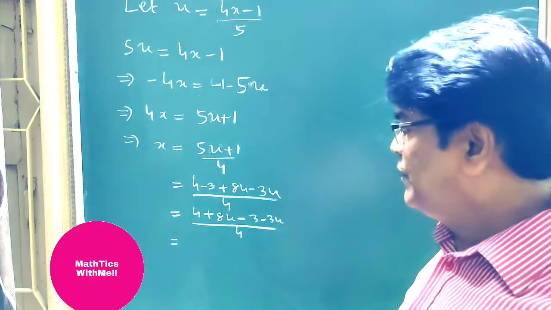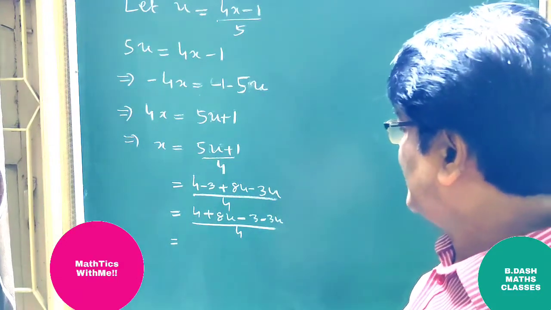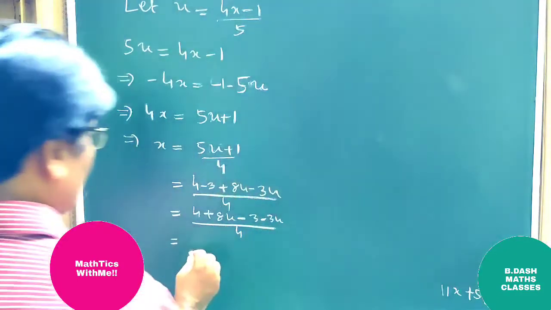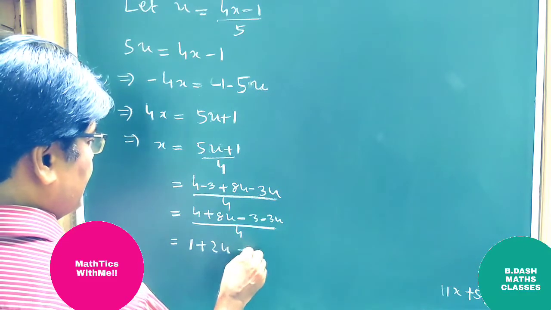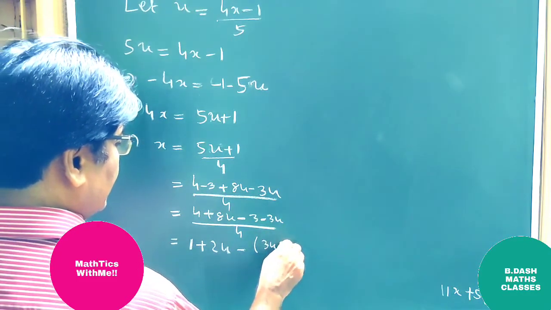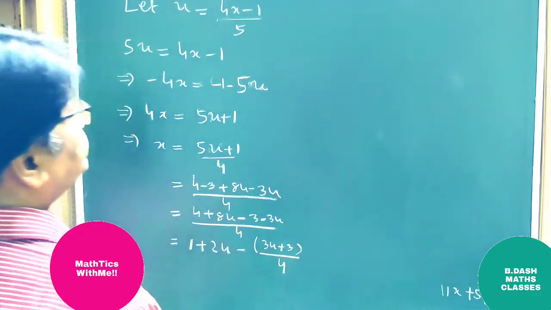So we have x is equal to 4 plus 8u minus 3 minus 3u by 4, which is equal to 1 plus 2u minus of 3u plus 3 by 4.